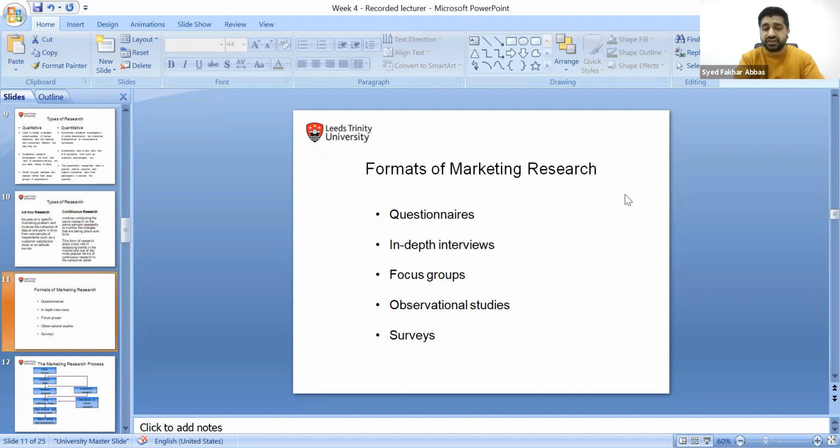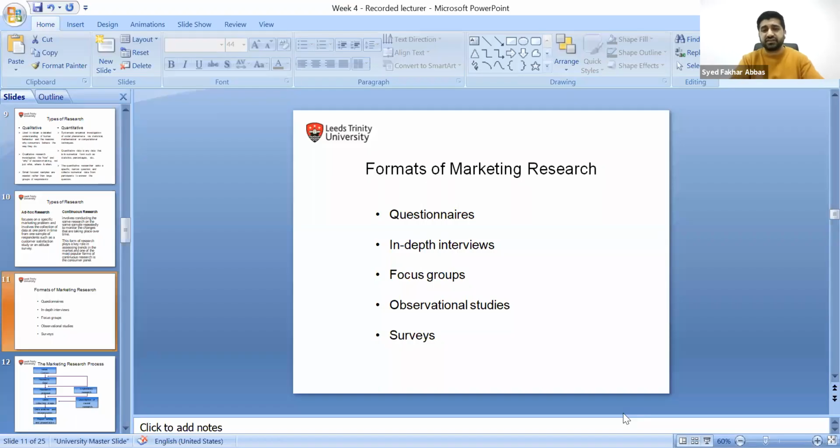The researchers establish a link with the respondent, and for this they have to place themselves in the same setting as the respondents. So basically, in observational studies, we observe and we act accordingly.